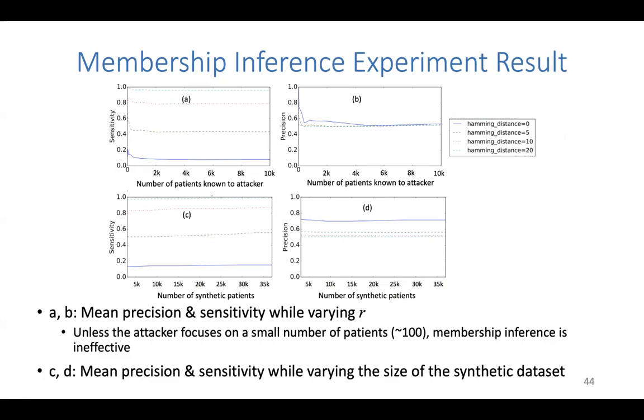And you don't know which one. You only know with 80% confidence. So basically, it's really hard to know that. Unless it's one of the very specific cases, it's really hard to do a membership inference attack using the synthetic records generated by MedGAN.